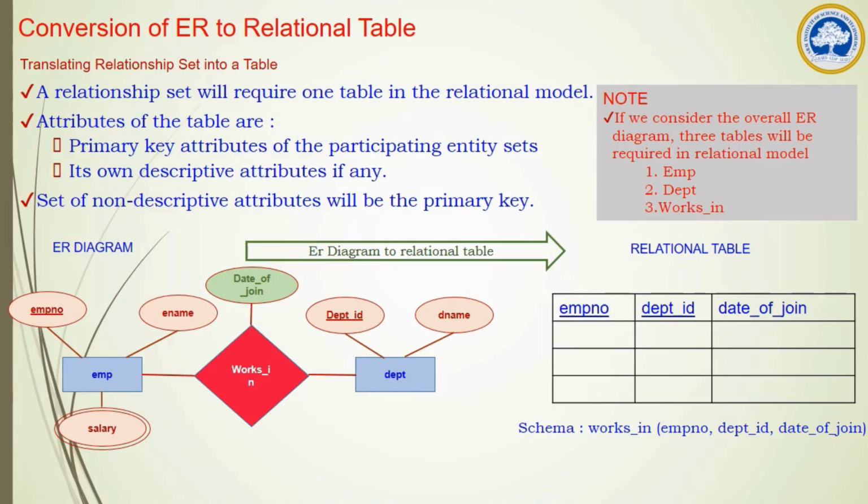So altogether all these are considered in the relational table when we convert the ER diagram. If we consider the overall ER diagram as a whole, three tables will be required in the relational model for this particular type. EMP, department is another table, and the third one will be Works_In, which gives the relationship between the EMP and the department.